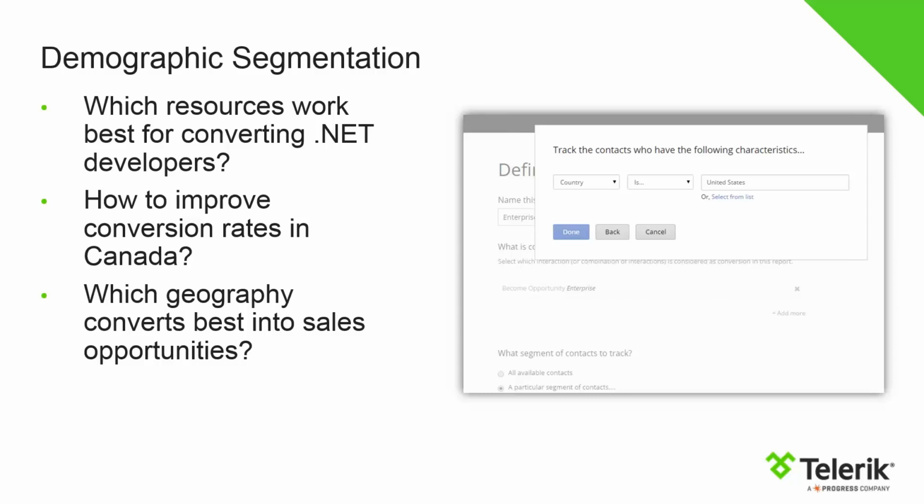Or I'm only interested in people that are .NET developers. Or I'm only interested in people in the regions where I've got salespeople. So you can start segmenting down the information you're getting so you can start attacking those particular demographics more efficiently and more effectively.